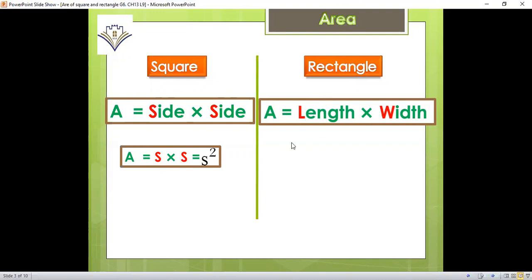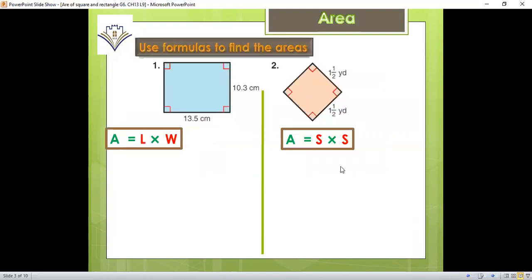Then we can write A is equal to L multiply W, where L is referred to as length and W is referred to as width. Then area of square equals side multiply side and the area of rectangle is length multiplied by width.